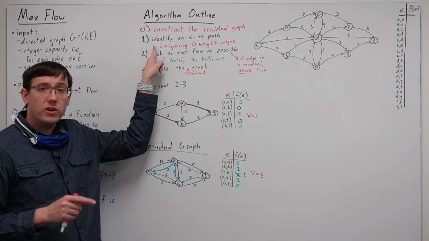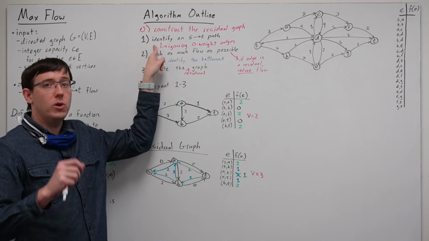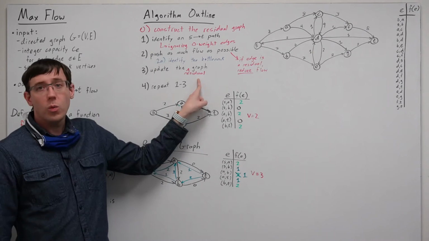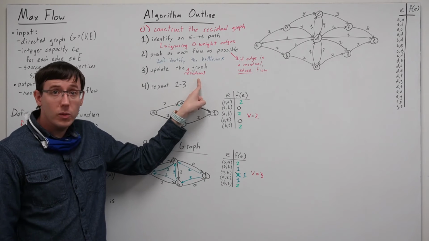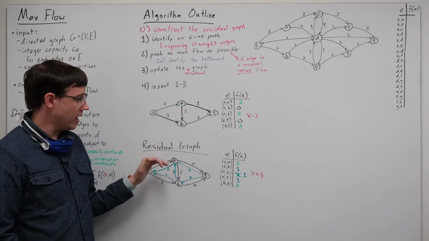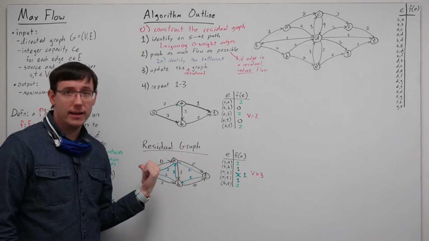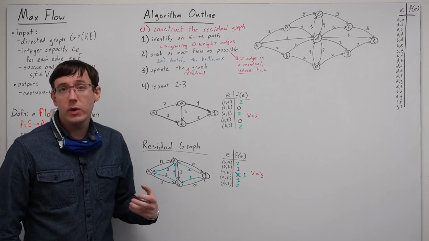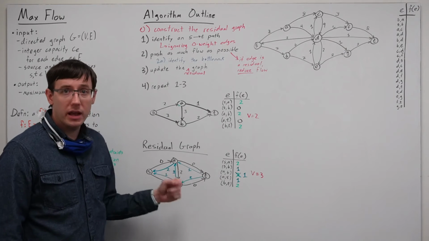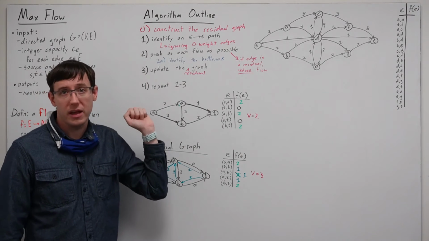Then when we are searching for paths, we will search in the residual graph and we will ignore any edges that have a weight of 0. When we update the graph, we will be updating the residual graph where every time we subtract from one edge, we add to its reverse edge, and we no longer delete edges. We can keep around edges with capacity 0 as long as we ignore them in our pathfinding.